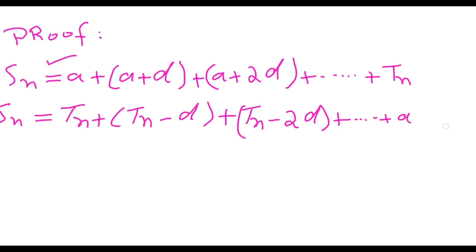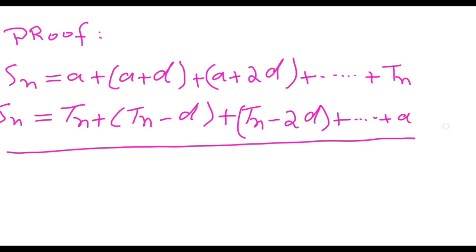So step 1, each term increases by a common difference d. Step 2, reverse order, each term decreases by the common difference d. Add the two equations. So the answer is going to be 2Sn is equal to a plus Tn, a plus Tn, a plus Tn.